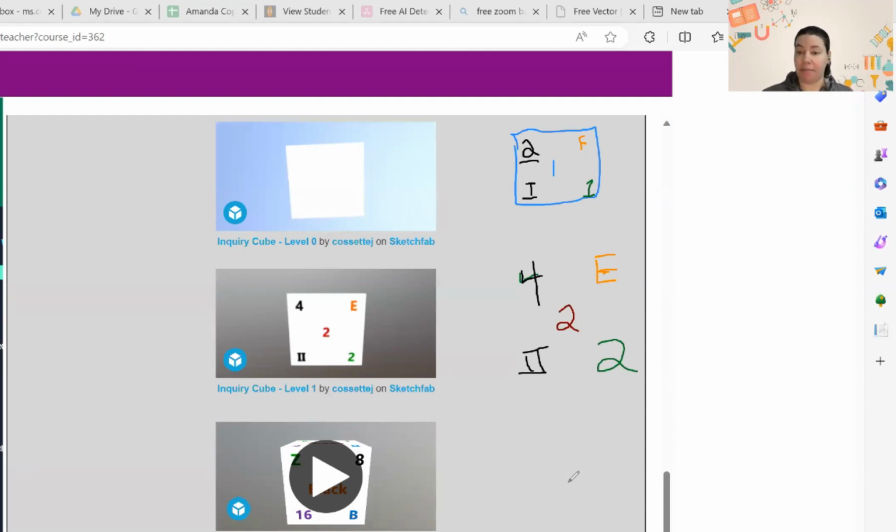There we go. I've turned my pen on. No, that's still green. So it looks like this number up here is just doubled whatever is there, and it looks to be in black for both.